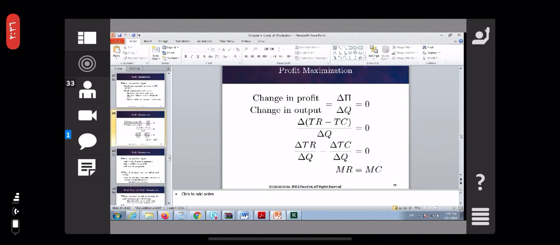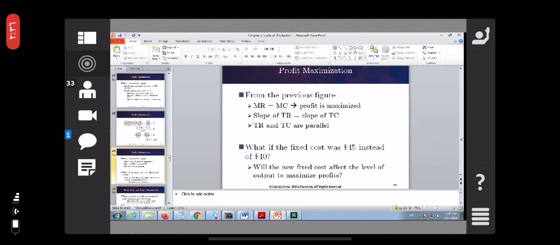And this is how to construct profit maximization mathematically until we reach marginal revenue equals marginal cost, slope of total revenue equals slope of total cost. Total revenue and total cost curves are parallel.